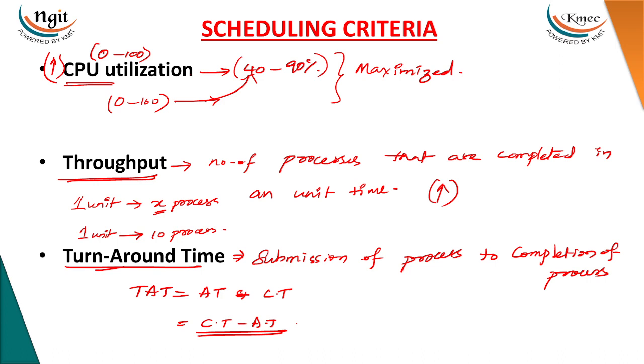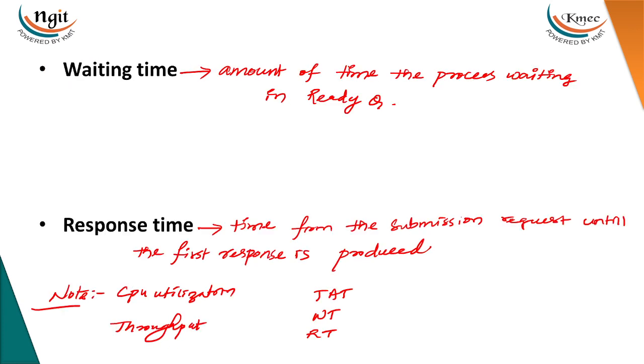Then there is waiting time, the amount of time the process spends in the ready queue. The formula is waiting time equals turnaround time minus CPU burst time, that is the CPU execution time. We need to remove the CPU execution time from the total time of the process.